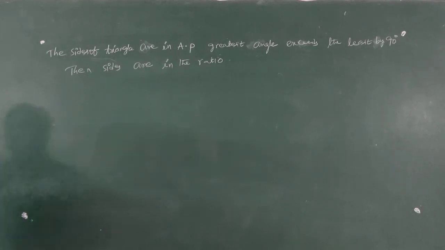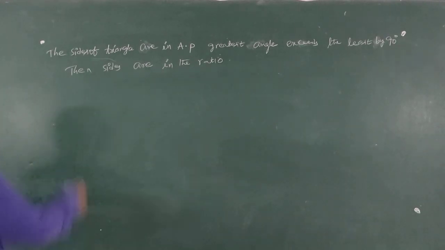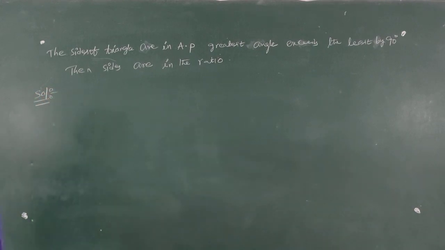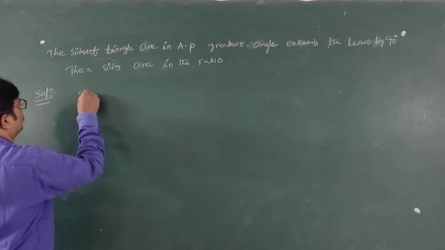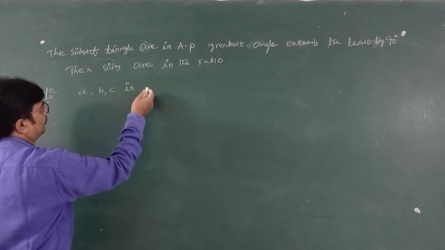So dear students, here what we observed? First we observed here the sides are in AP. Suppose we are taking the sides in increasing order, A, B, C are in AP.